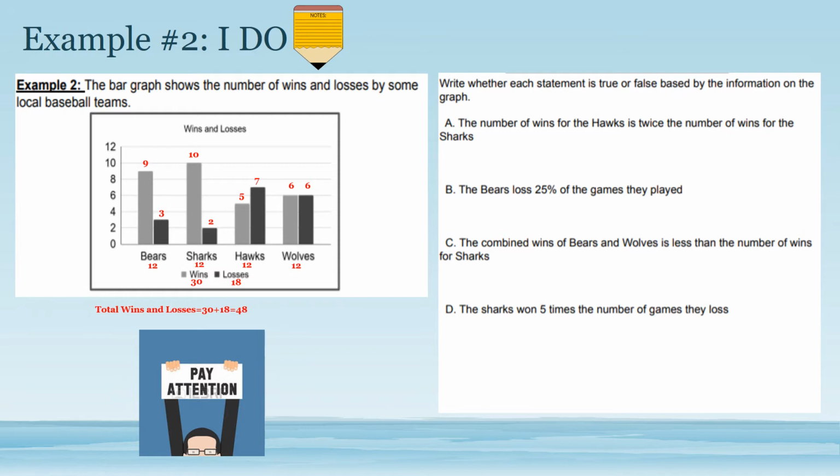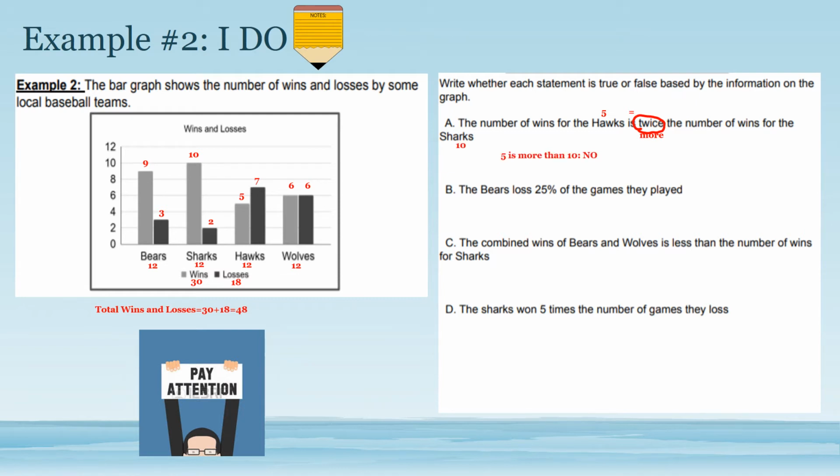The number of wins for the Hawks is twice the number of wins for the Sharks. We're going to look for those comparison words. In this case, twice is the comparison word. The number of wins for the Hawks is 5. Is equal to. Now we're going to rephrase this word twice to more. The number of wins for the Sharks is 10.